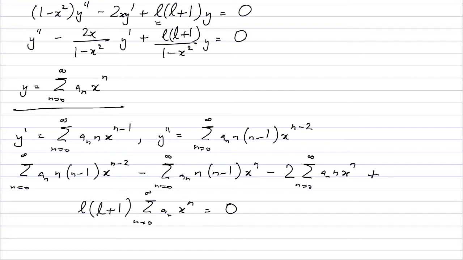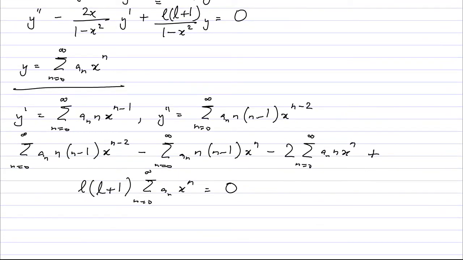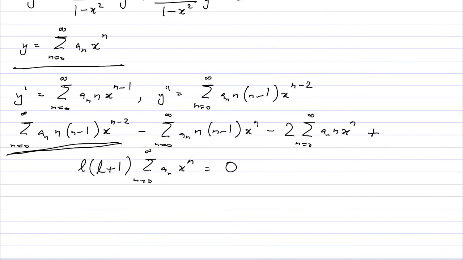Then what do we have? I can start the first term from n is equal to 2. The first sum we can start from n is equal to 2 and then do a change of variables, so that my sum contains x raised to power n instead of x raised to power n minus 2. So looking at the first term, by now we know how to do this.